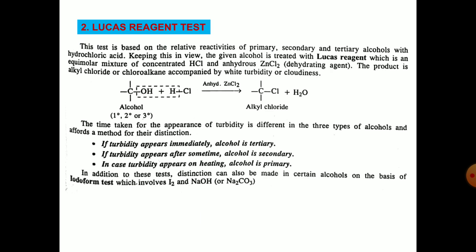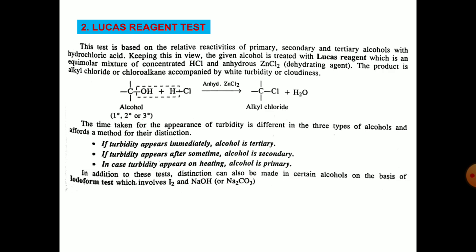The turbidity appears after some time near the neck of the second test tube. Therefore, you will find that this is secondary alcohol. But there will be no turbidity in the first test tube, and if you heat, then turbidity will appear, and that is primary alcohol.